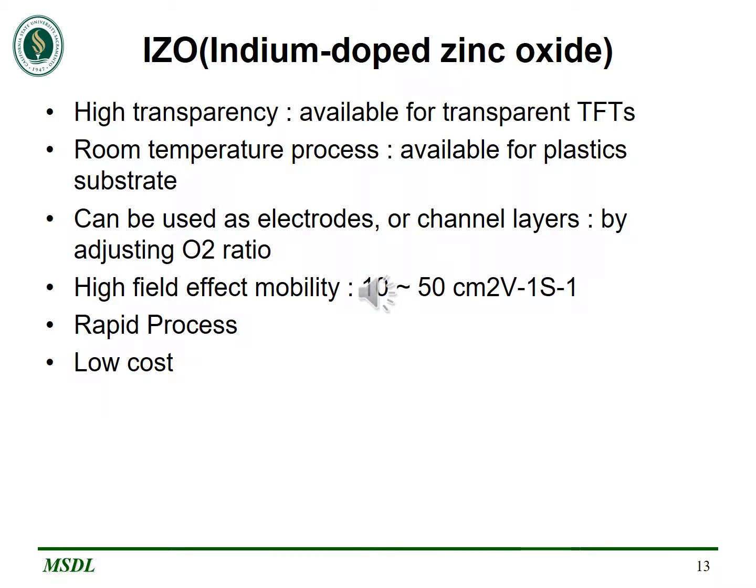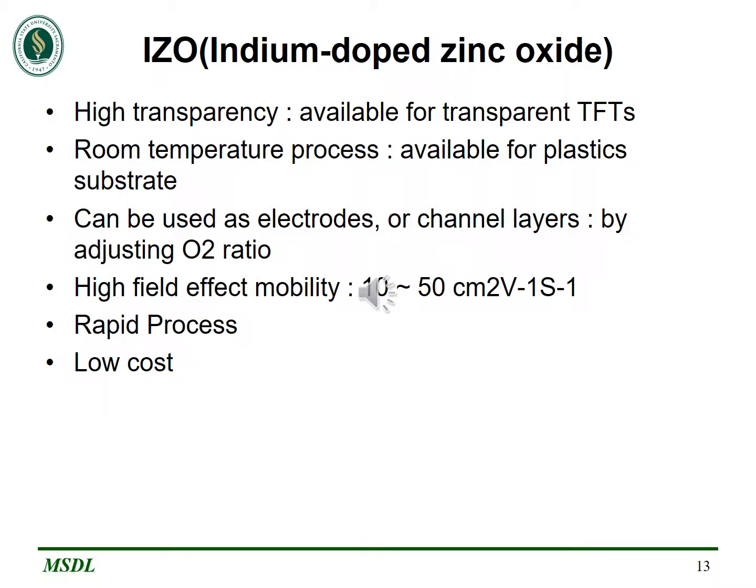Until now, we have discussed that we can use amorphous oxide or indium gallium zinc oxide TFTs in place of conventional amorphous silicon TFTs, which had the advantages that they are scalable, make less noise and give high resolution. But we also want to consider cost, so we will discuss indium doped zinc oxide for that purpose.